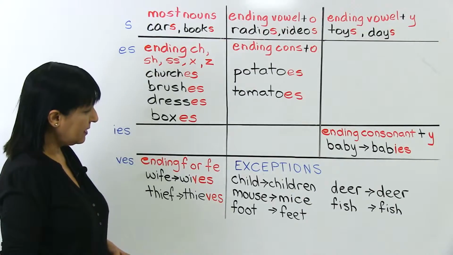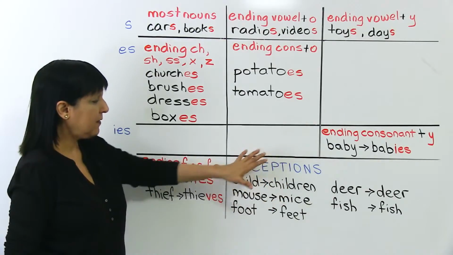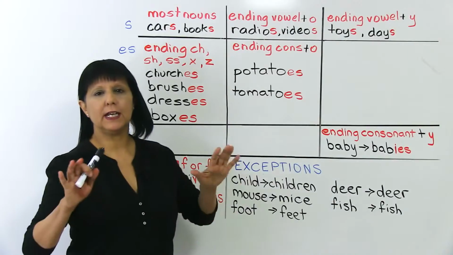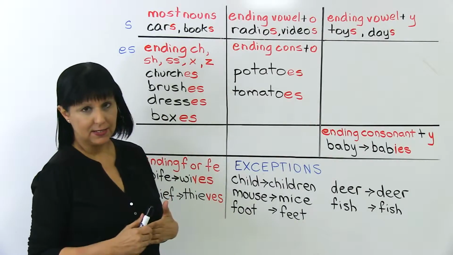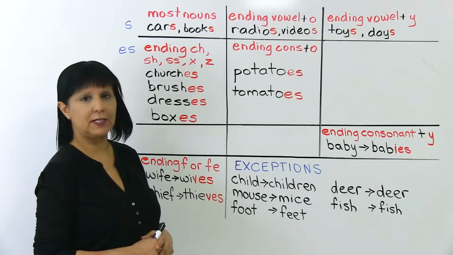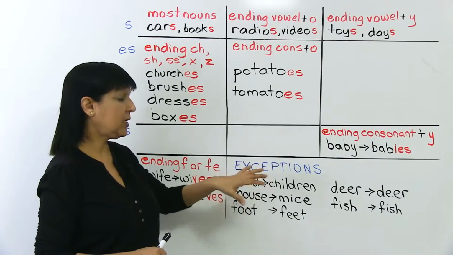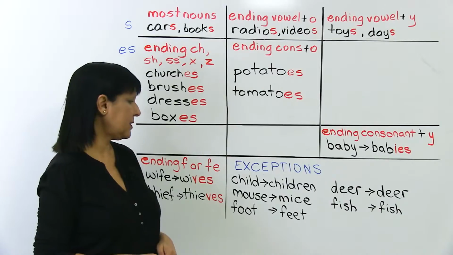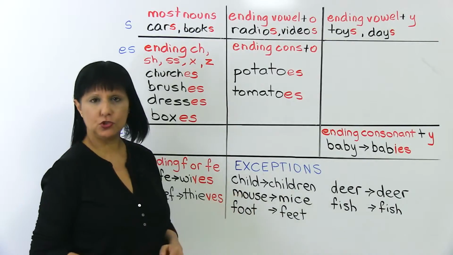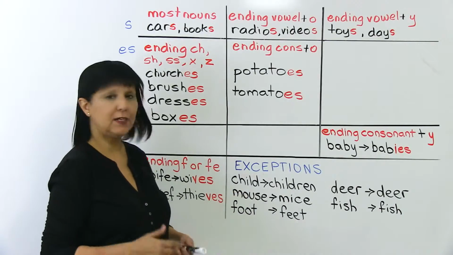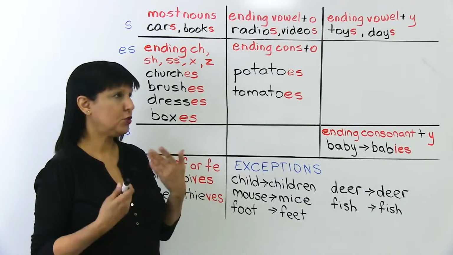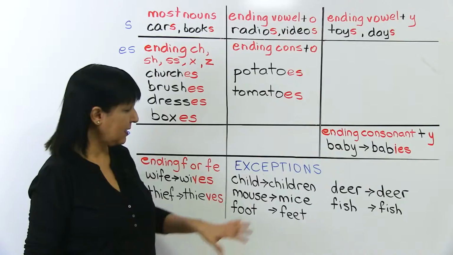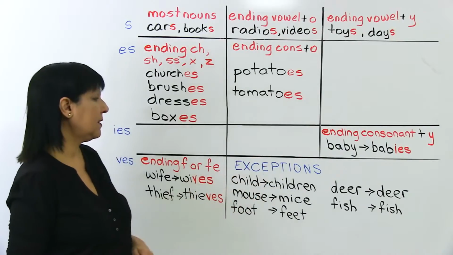All right? And then you have some words which are complete exceptions. So in some cases, when we're talking about the exception, the word changes completely. For example, child becomes children, mouse becomes mice, foot becomes feet, tooth becomes teeth, right? There are many like that.